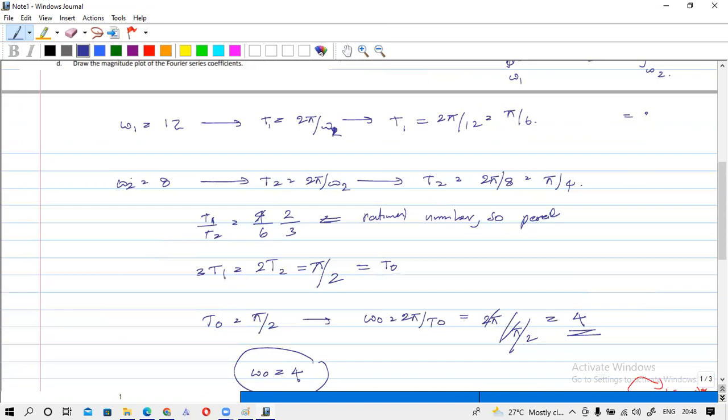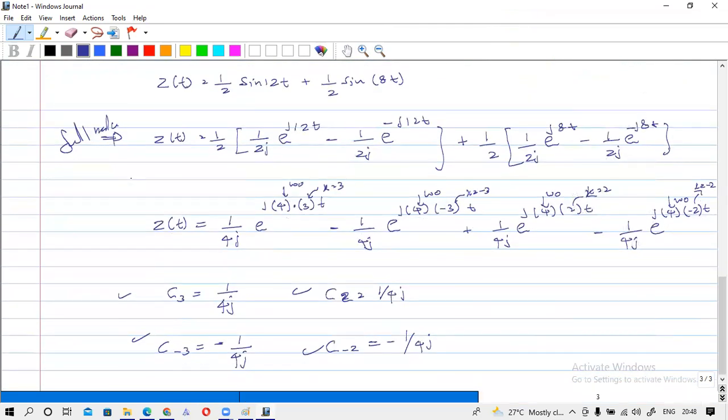So we are asking the harmonics. Here you can see that we have 3 and minus 3. These two will be the third harmonics. And this is 2 and this is minus 2, so this will be the second harmonic.